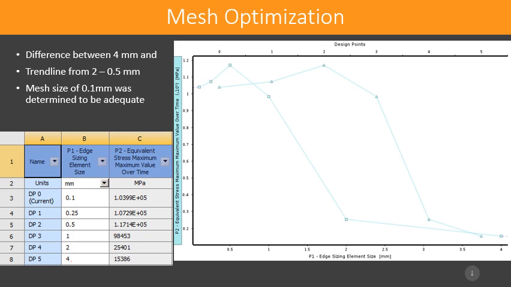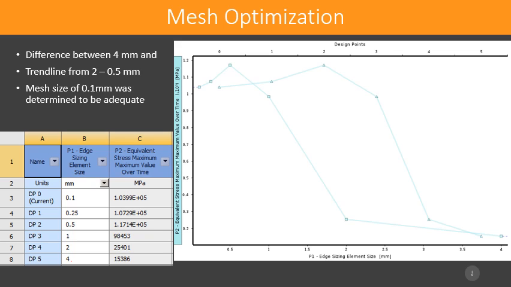And you can see here the von Mises stress value as that gets refined. As you can see in the graphs here, it starts off very low. As the element size is bigger, the stress is very low.